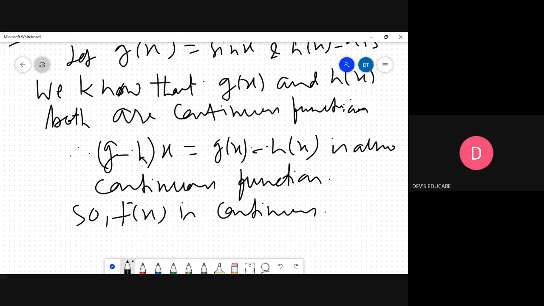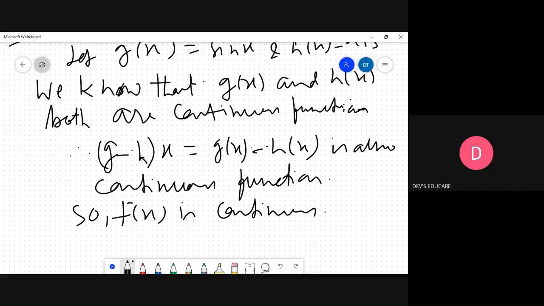Cosine function: as we did in sine function, we will do in cosine function. Cosecant, secant, and cotangent functions, all these functions I already told you in the last class. All trigonometric functions are continuous except those points where the function is not defined.